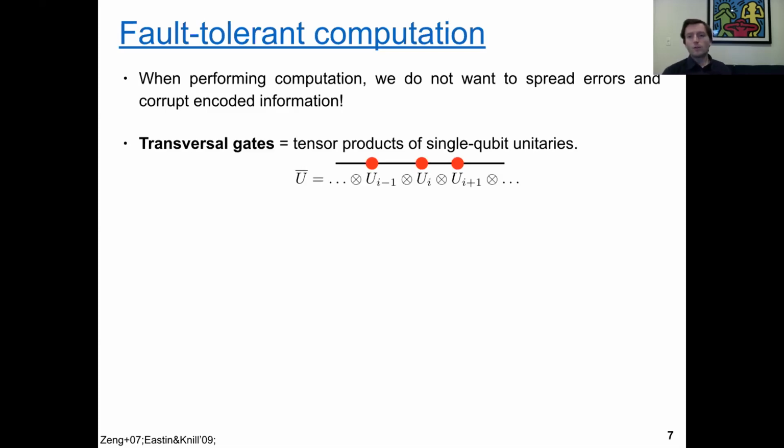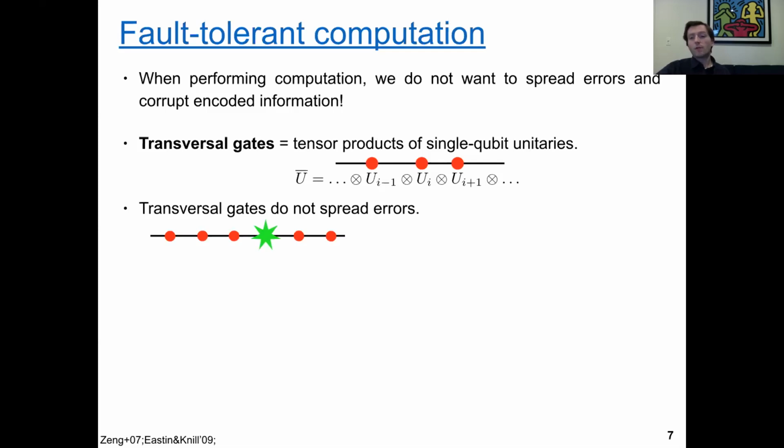So a notion which is very useful, a very simple one but very powerful, is the notion of a transversal gate. A transversal gate is a unitary which is a tensor product of single qubit unitaries. Single qubit unitaries acting on each subsystem can be different. And we can immediately see that transversal gates do not spread errors in an uncontrollable way.